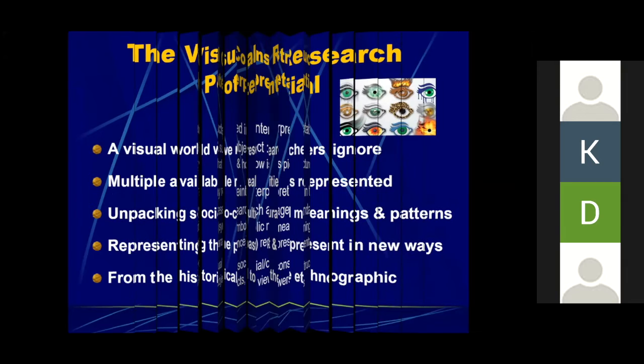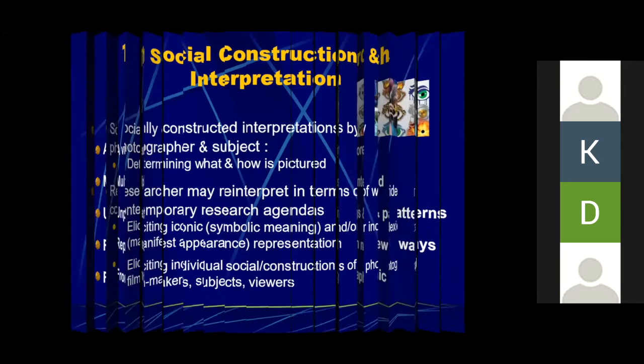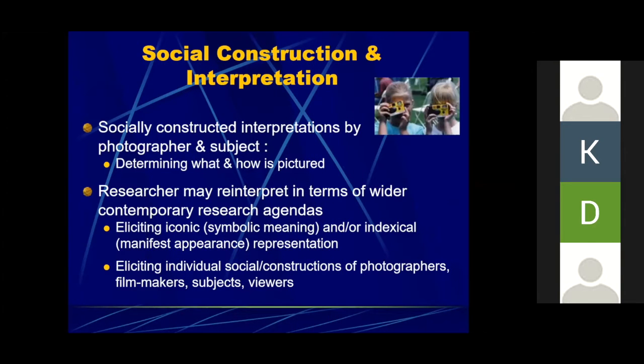Now, the key thing, which you'll all be aware of, is that, of course, when we look at, say, photographs, they are all socially constructed. They're socially constructed by the photographer who decided what to shoot, how close up, how to frame it, how far away, and either consciously or unconsciously by anybody who's in that photo.